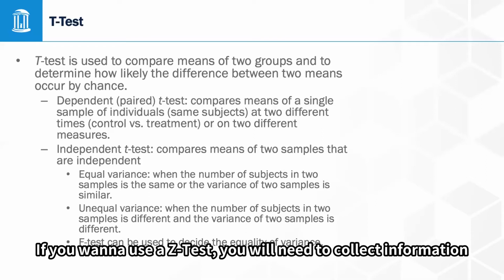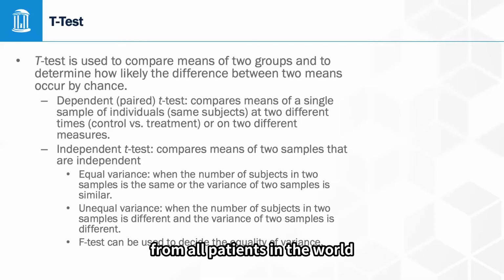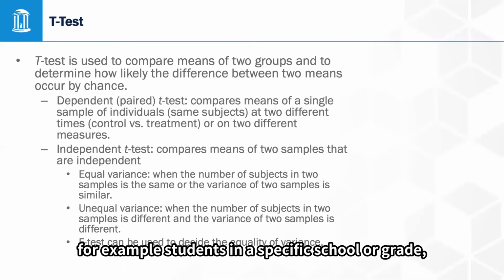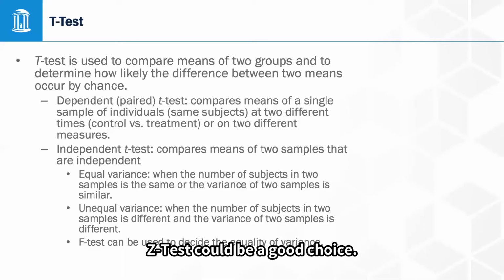If you want to use the z-test, you will need to collect information from all patients in the world who are taking aspirin. However, if your population is relatively small, for example, students in a specific school or grade, the z-test could be a good choice.